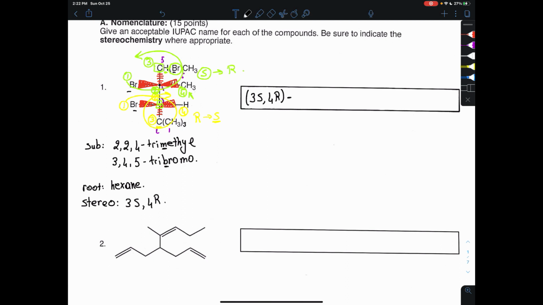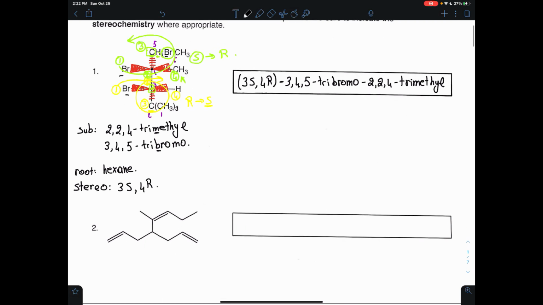The only thing that counts is the B or the M, and B is alphabetically higher priority than the M, so it's gonna go first. So 3, 4, 5 tribromo, 2, 2, 4 trimethyl, and then you have at the end hexane.